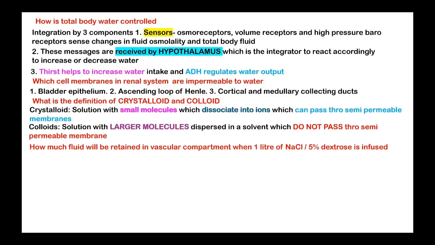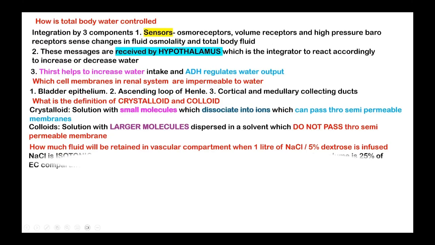Whatever fluid is injected into the vascular compartment will get dispersed to the interstitial space and then go into the intracellular space depending upon the gradient. Isn't it? So how much will be retained if you infuse 1 liter of saline? How much will be retained if you infuse 1 liter of 5% dextrose? In ml, you can calculate and tell in ml.